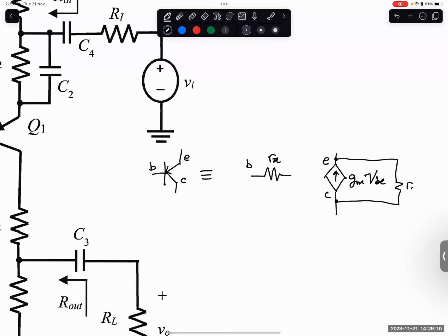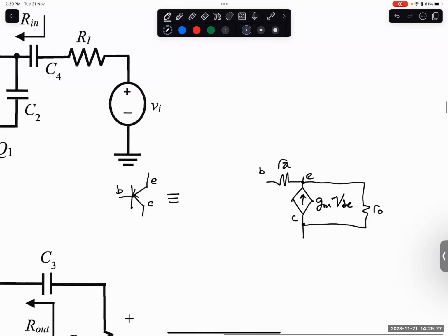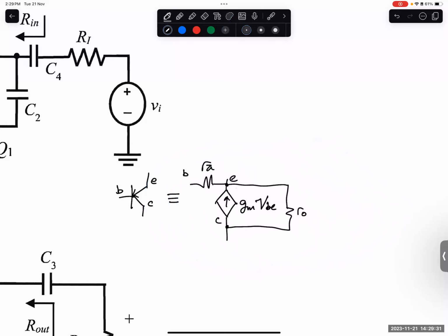Then how do we combine them together? The R pi is connected across B and E, right? So like that: R pi, this is B, this is E. It should be like that. This is from my memory, so it should be correct.